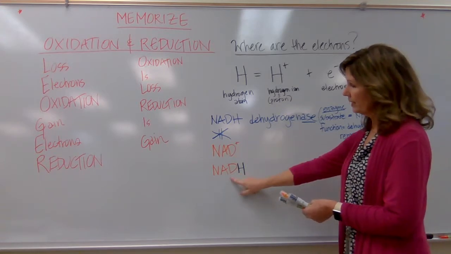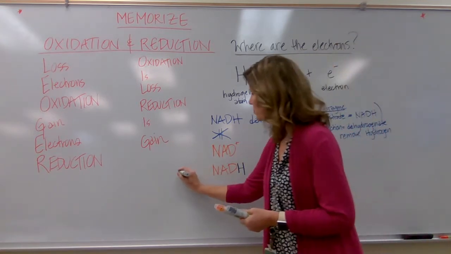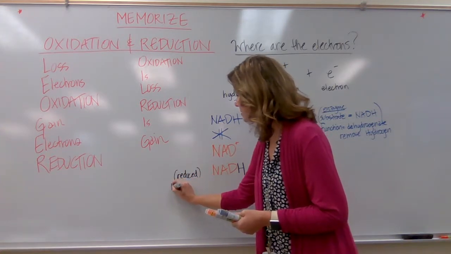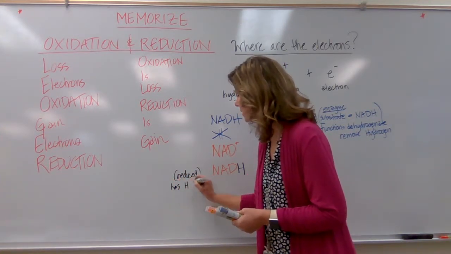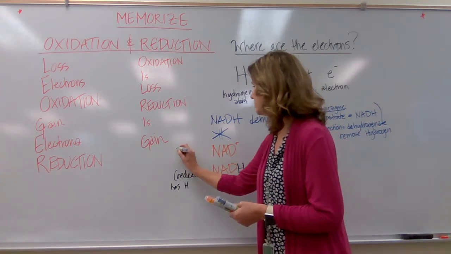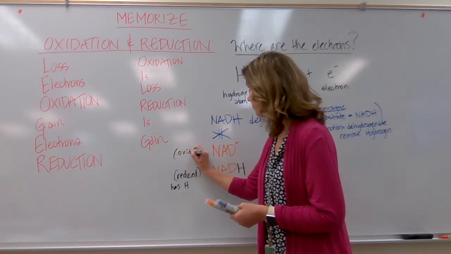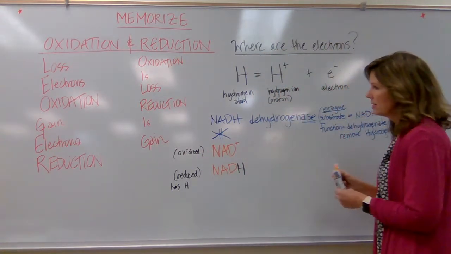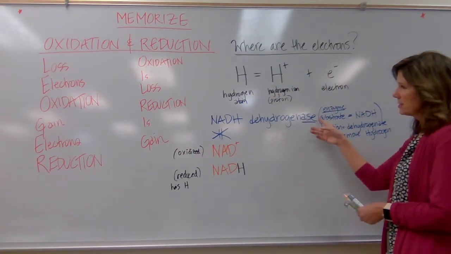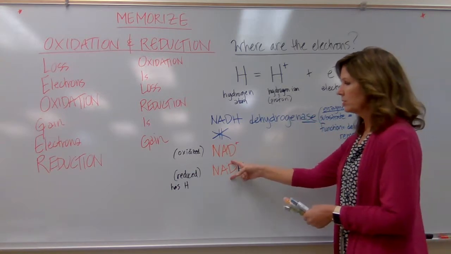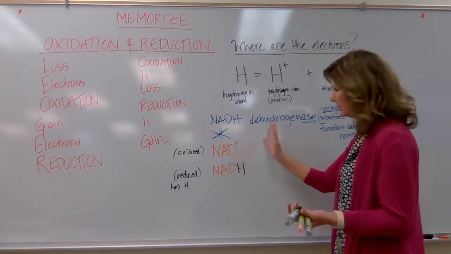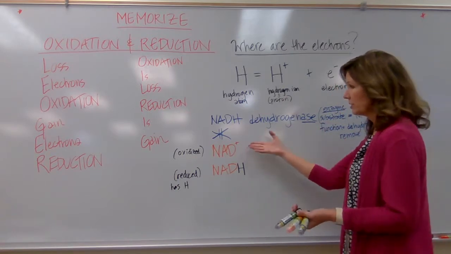No. NADH is the reduced form, because it has the protons and electrons, and this is your oxidized form, with no protons and electrons. So this enzyme is going to only bind to its substrate, which is NADH. If it bound to NAD, it's not going to have any function.